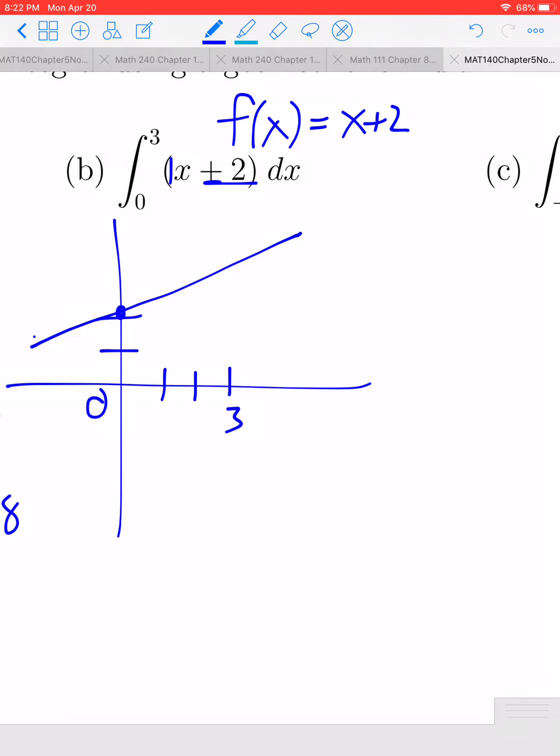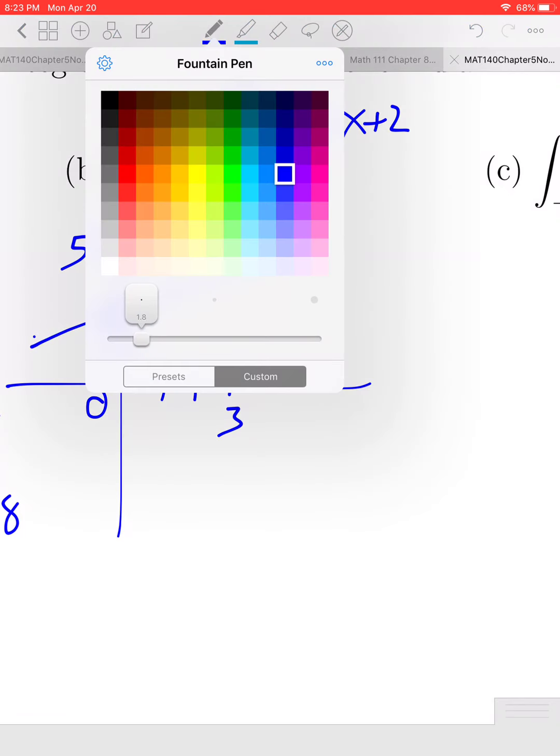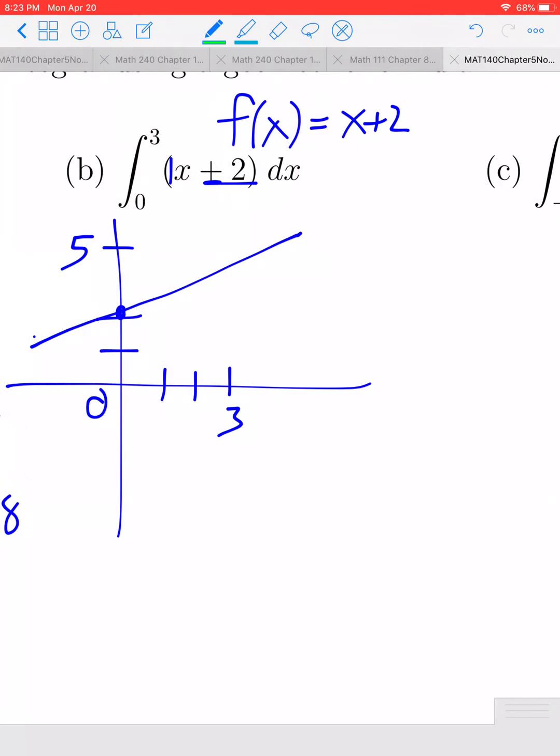It's the definite integral. At 3, this function would be at a height of 5. And once again, because this function is non-negative over the interval 0 to 3, that means that that definite integral will represent the area under that curve. So this area would be equal to the value of the definite integral.